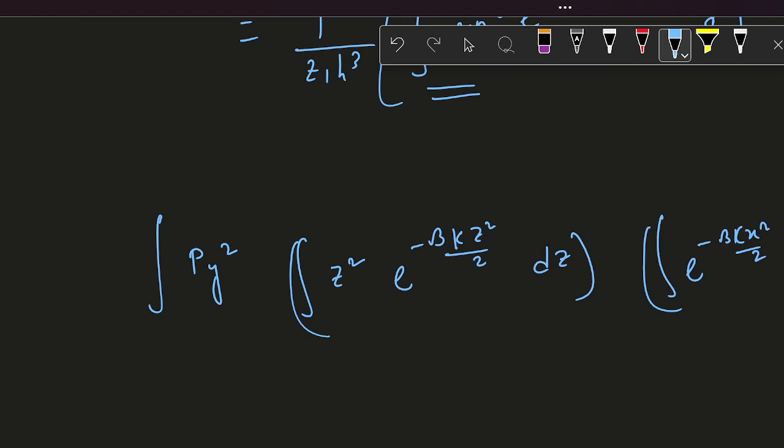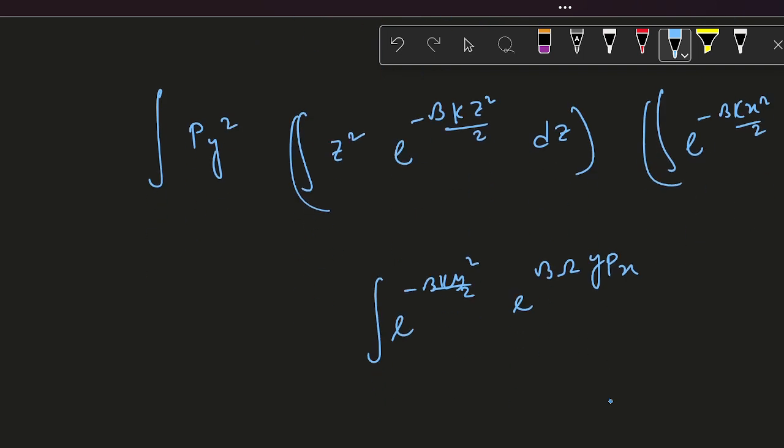For dy you have e to the power of minus beta k y squared by 2 e to the power of plus beta y px, and this was your dy.